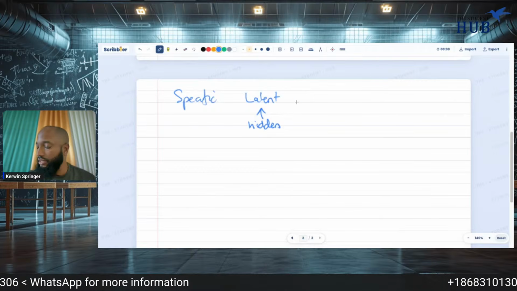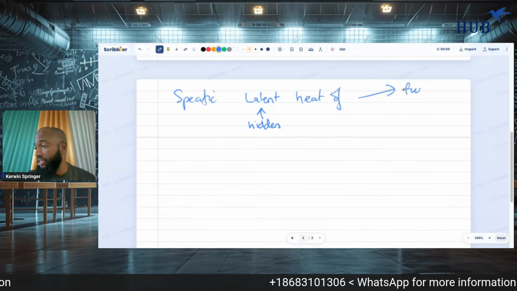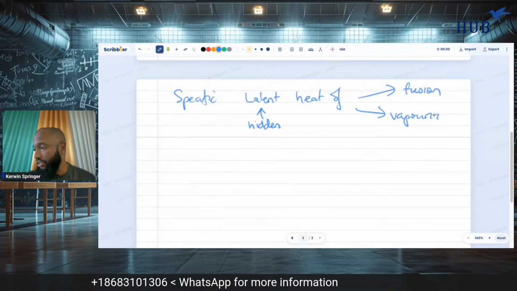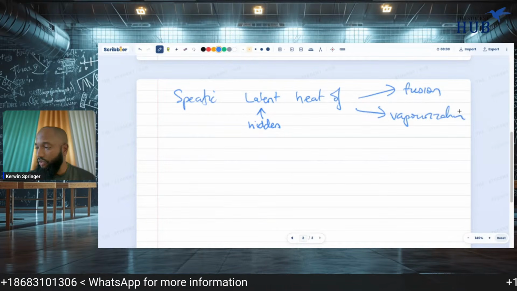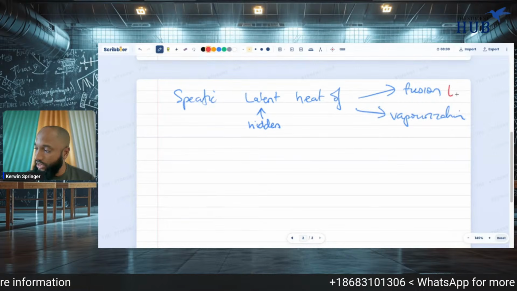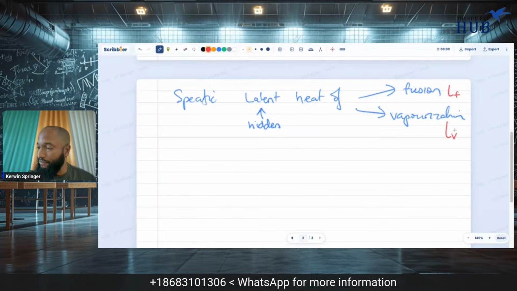Specific latent heat of, yes, so temperature remains constant, is correct. Fusion, vaporization. So there's two. There's one for fusion and there's one for vaporization. So you'll see an L with a little F like this, or an L with a little V like that.